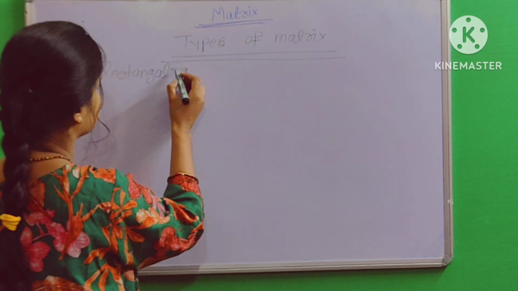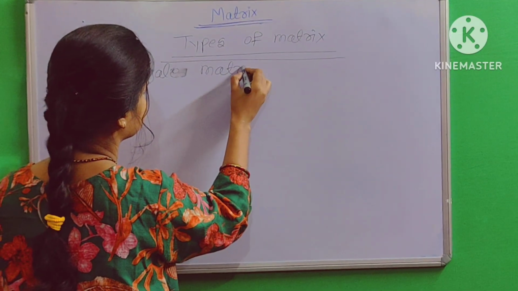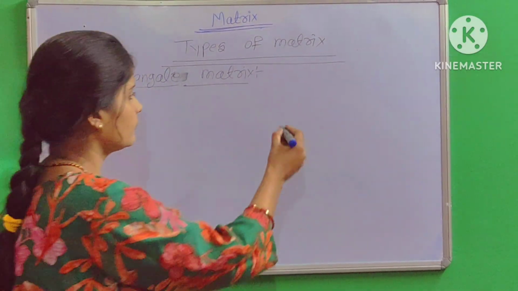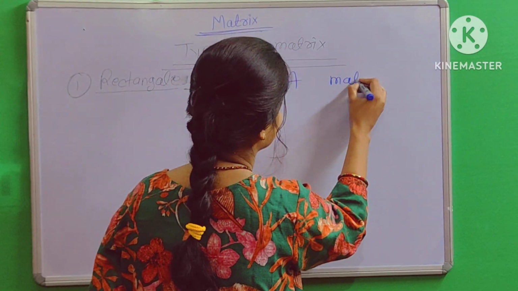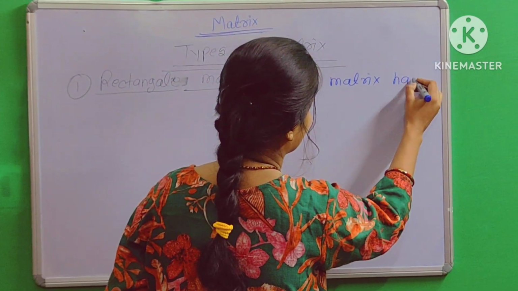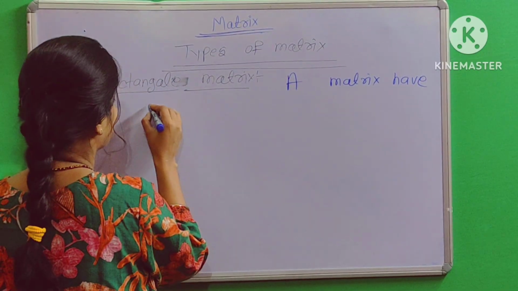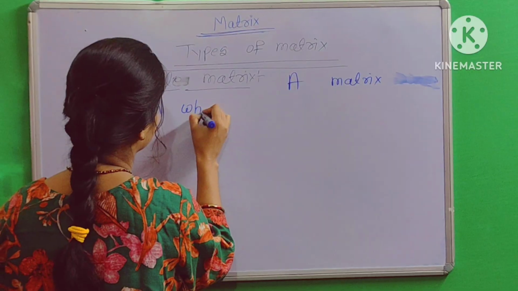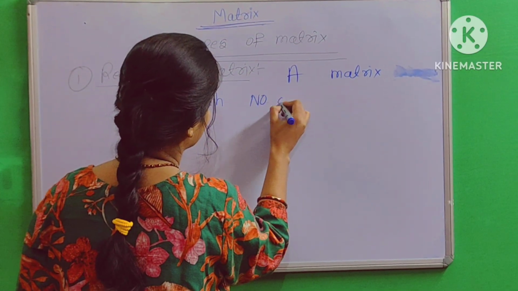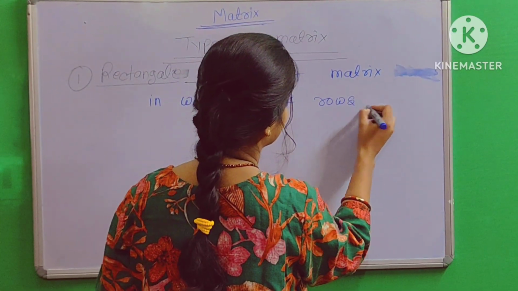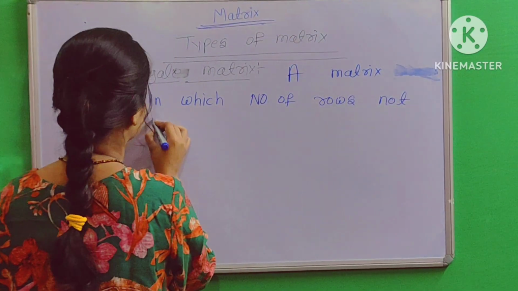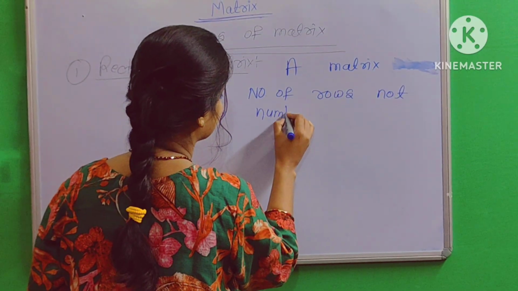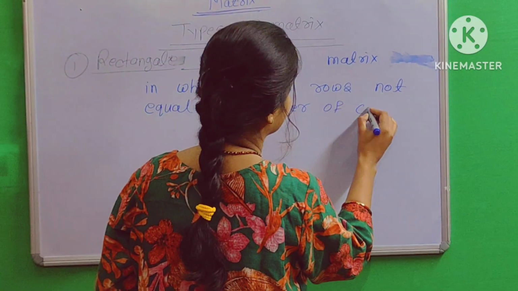Rectangular matrix means a matrix in which the number of rows is not equal to the number of columns.